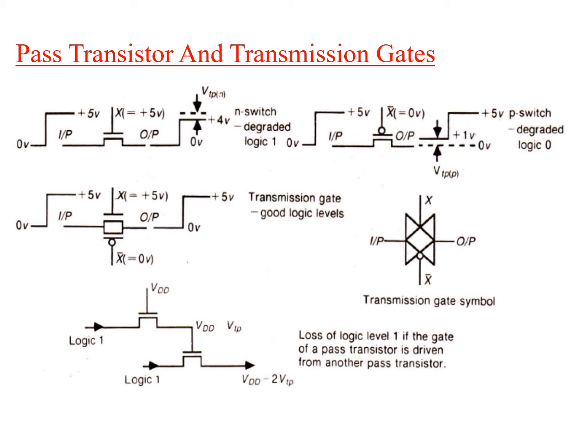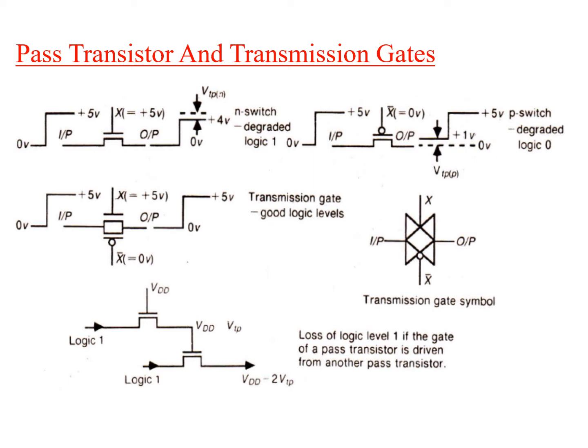Now we have assumed that it is a 0 here. So in this case you will be having degraded logic 0. Why? Because you are not going to get the exact 0 volts. You will be getting 1 volt. But when you apply 5 volts at the input, the output will be 5 volts. So you can observe that whatever operation you see in an NMOS, its vice versa will be observed in a PMOS switch.